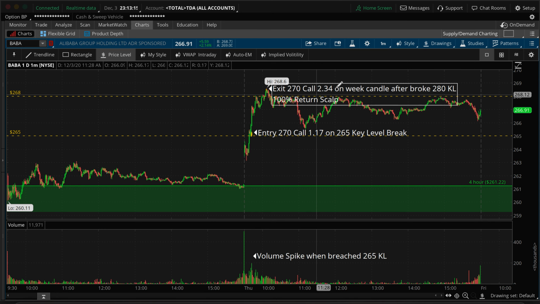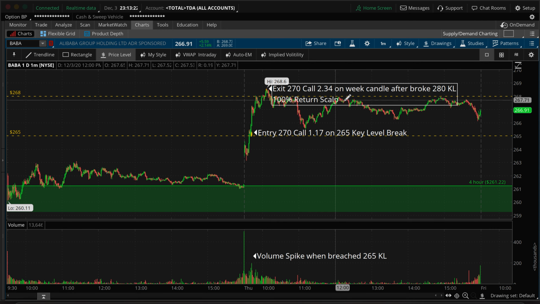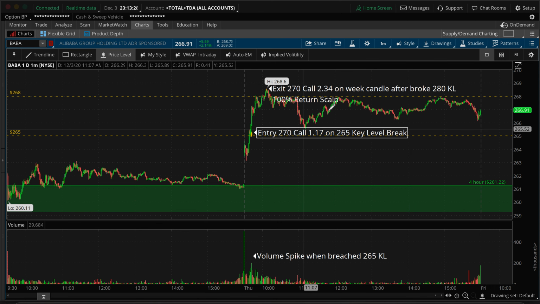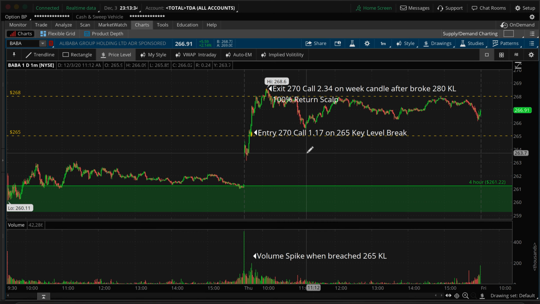So you can see BABA the rest of the day dropped, held the 265 key level, and then failed to get above 268 the rest of the day. So this could have been a trade that you could have taken between trading these zones in here. So key levels are another good way to use for scaling out, as well as if you're playing supply and demand.